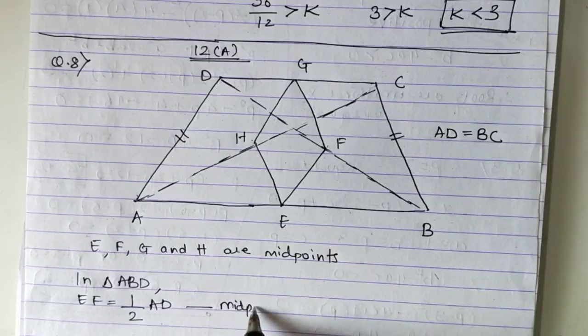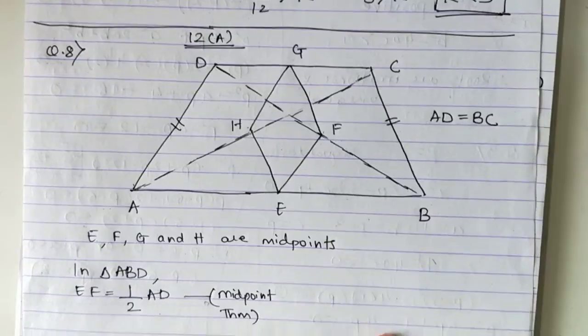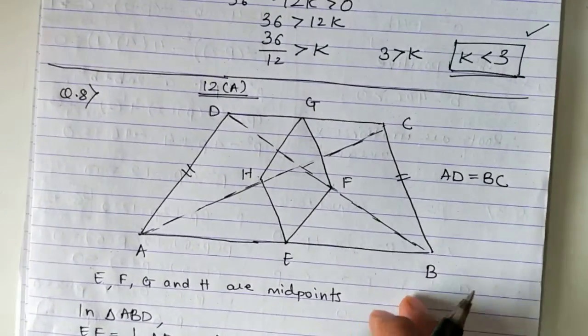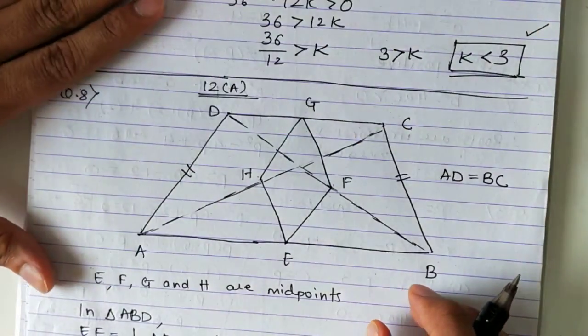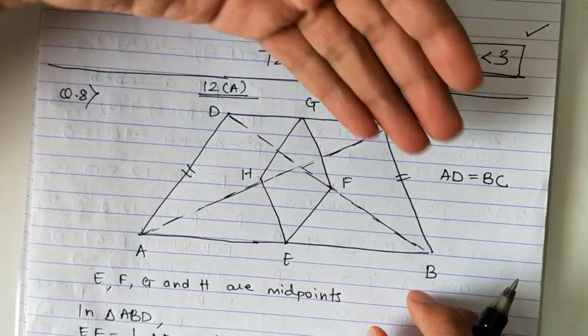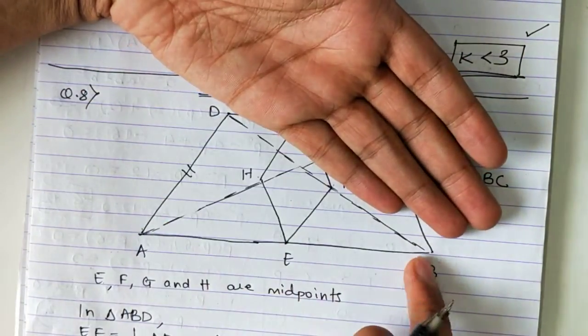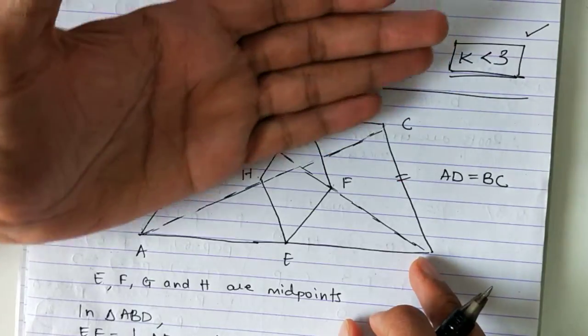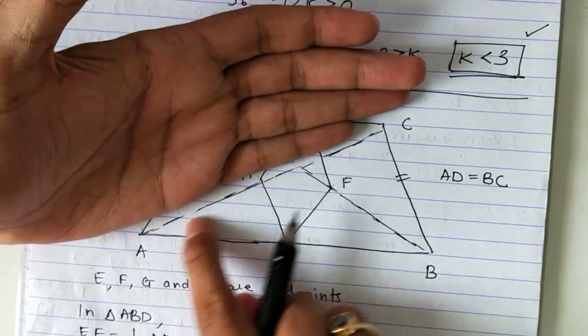Reason: midpoint theorem. Okay, so which triangle did we observe? We saw this triangle. Now look at this triangle here.